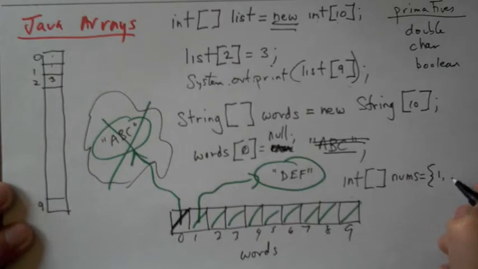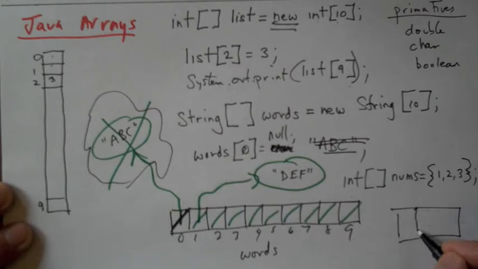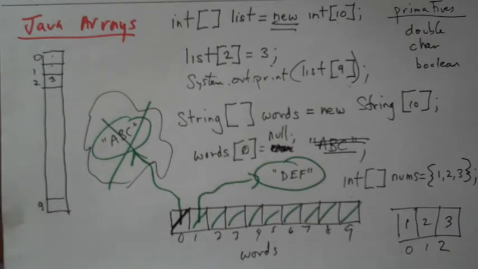So you could do 1, 2, 3, and so on, just separating them by commas. And that would create a little array 0, 1, 2, and in that the content would be 1, 2, and 3. Okay, you don't do this very often, except maybe when testing new programs, but it's a quick way to fill up an array with some values.